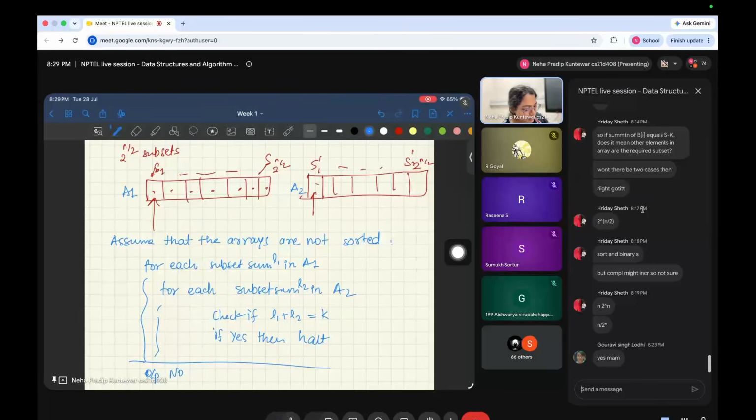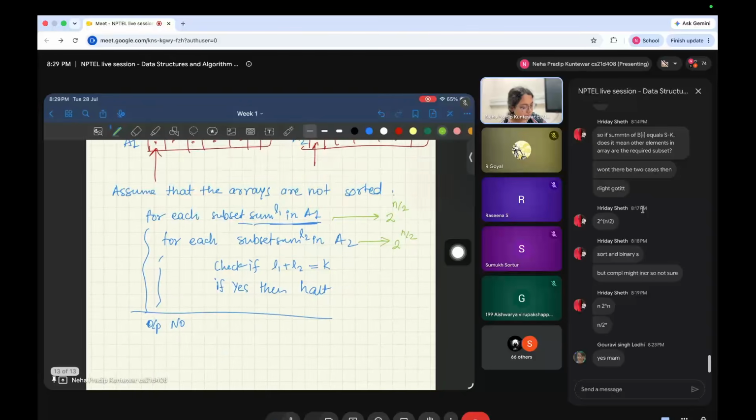How many elements are there in this for loop? There are 2 to the n by 2 elements here, and 2 to the n by 2 elements here. So you are running these independently.